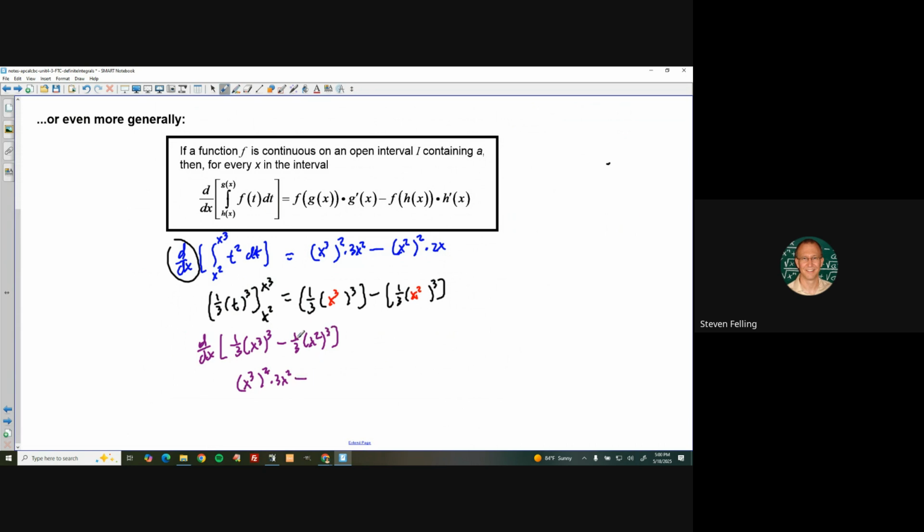Bringing this 3 down here, with the derivative, we get 1 times this squared with an x squared plugged in times its derivative, which is 2x. And that gives me the same thing that we got here. So this is just recognizing that if you're taking a derivative of a function that's defined with an integral, the derivative is going to cancel the integral and give you that same structure. This is like t squared with something plugged in.